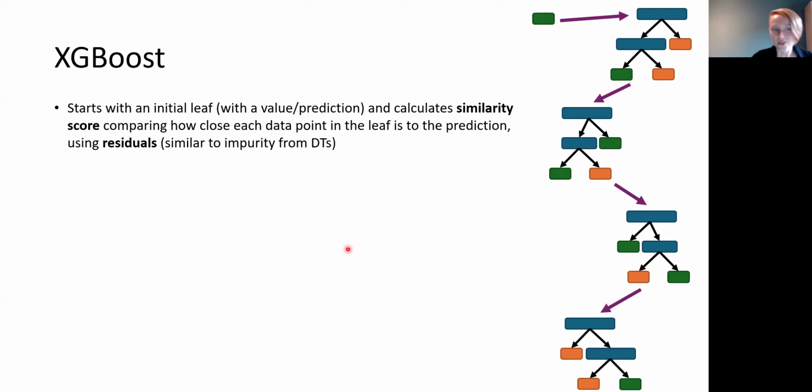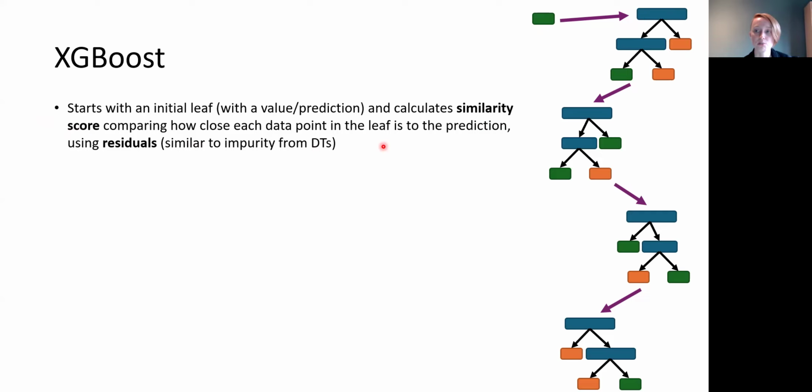Slightly more detail on this. In contrast to decision trees and random forests, XGBoost actually starts with an initial leaf. So it will start off with a value or a prediction initially, which will be some kind of average or best guess usually. That then gets inputted to the first tree. It then calculates similarity scores, which compare how close each data point within that particular leaf is to the prediction that it has at that point.